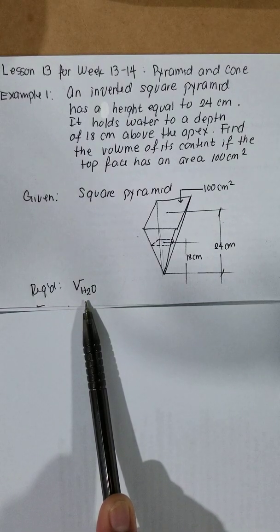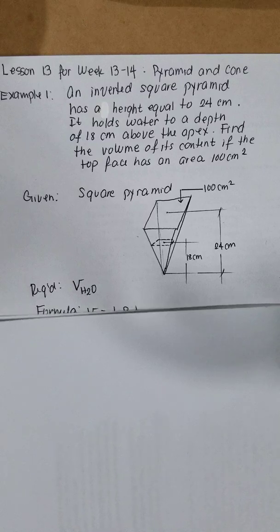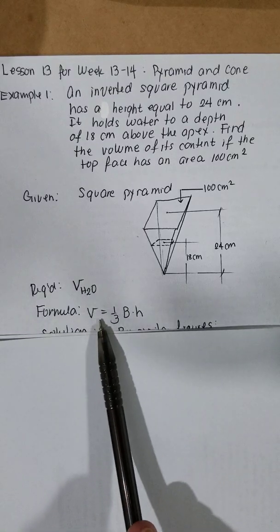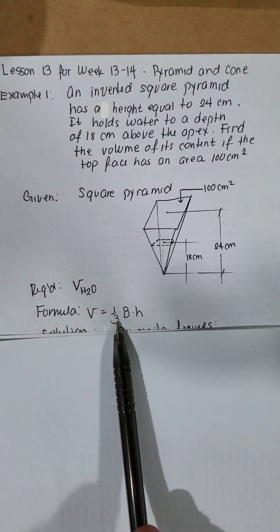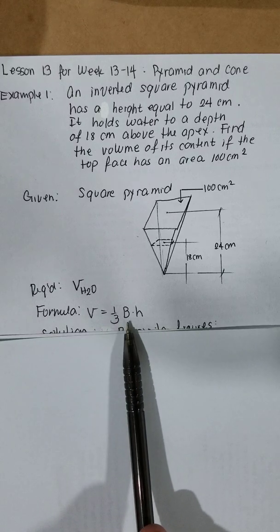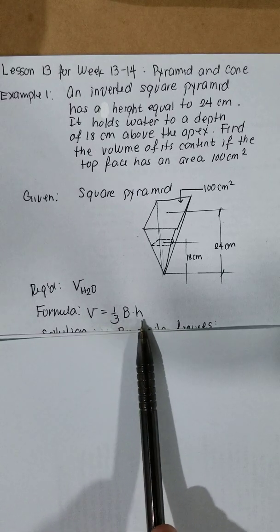The formula is volume is equivalent to 1/3 base area multiplied by height.